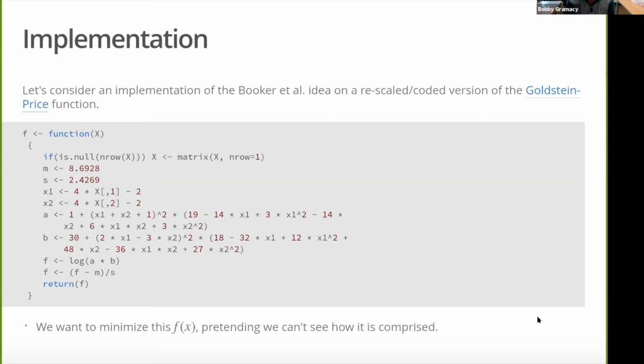I want you to see that it's a complicated function. It's nonlinear, and it's in 2 dimensions. It's called the Goldstein-Price function. So this is a function of 2 inputs, and it actually has many local minima. And I want to minimize this function. We'll pretend that we can't see it. We're just going to evaluate it. We're not going to use any other information about the function except for its evaluations.